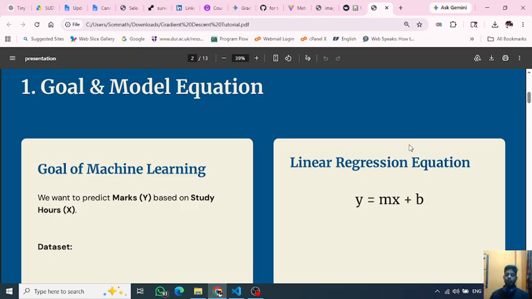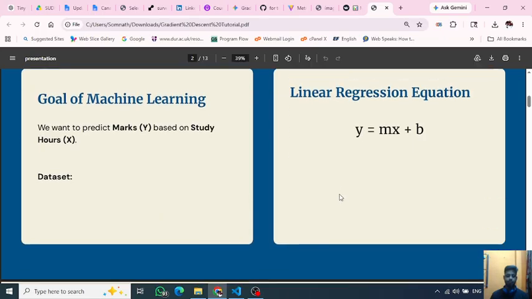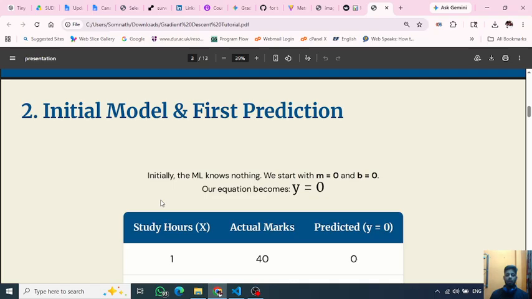We already know the linear regression equation is y equals mx plus b. m is the slope, b is the intercept, x is the input, and y is the output, right? Now we'll discuss how gradient descent calculates and gives you the right direction.